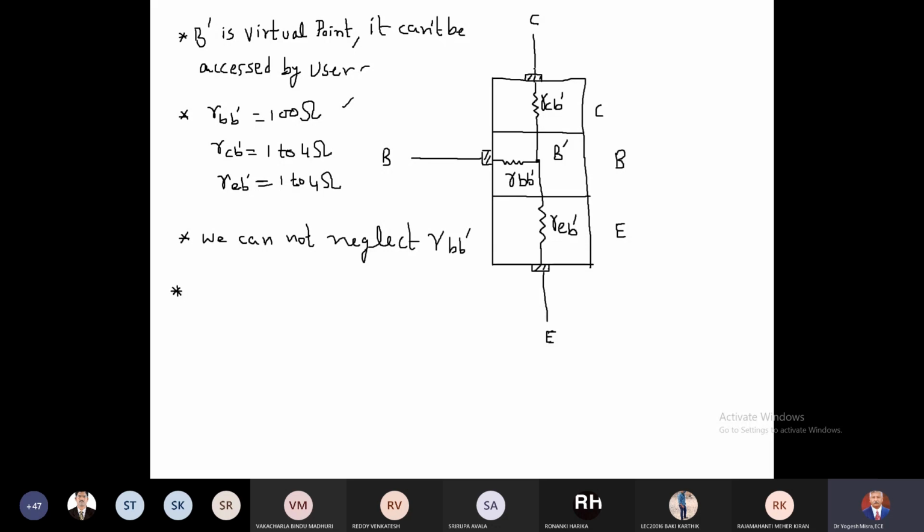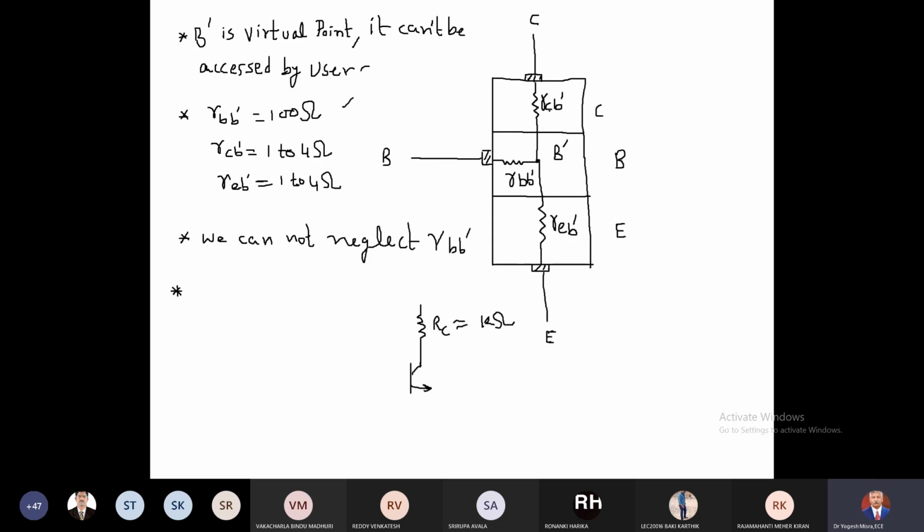Now you see here, in the collector, if you recall, we connect one resistor here, RC, and generally we keep its value in kilo ohm.